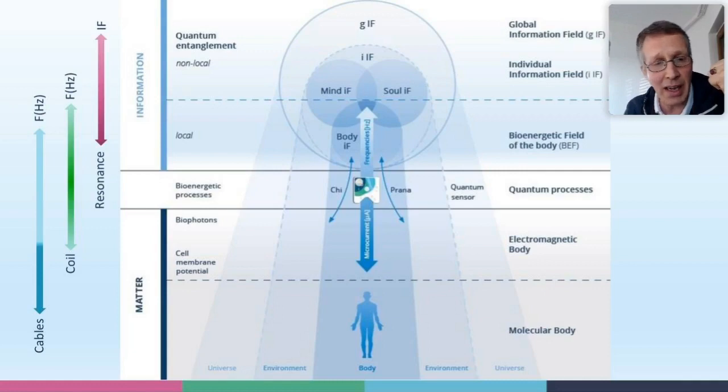Obviously, it's working here, but it reaches up, especially through the higher frequencies, also to the quantum level and to the bioenergetic field. So there is an overlapping, but the center of the cable applications of the microcurrent frequencies is down here.